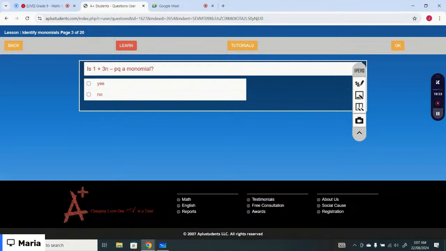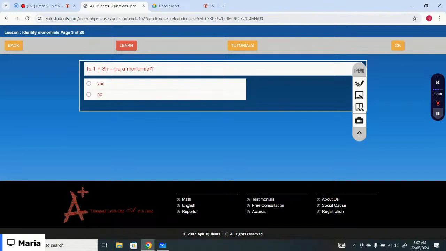Is 1 plus 3n minus pq a monomial? So which is the correct option? The correct option is no, that is not a monomial.